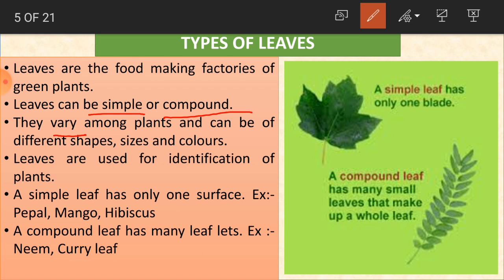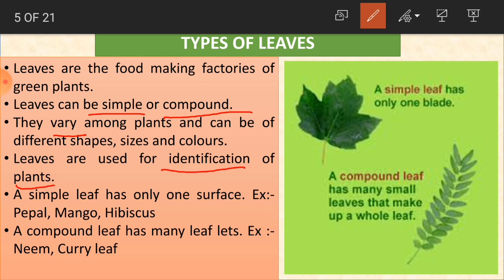Leaves are used for identification of plants. Yesterday we were talking about coriander leaf, curry leaves, mint leaves. How can we identify that this is coriander, this is mint, this is curry leaf? By seeing the leaf.